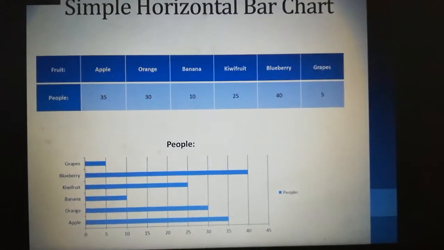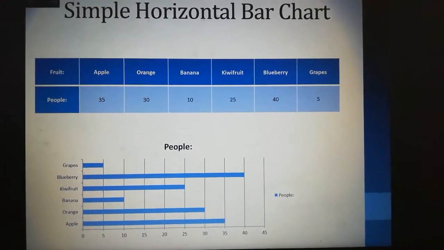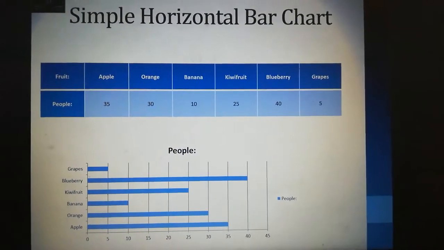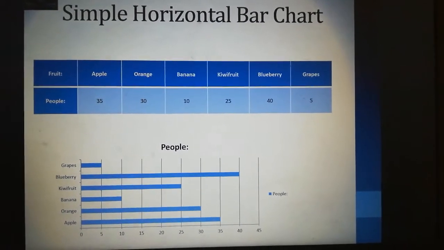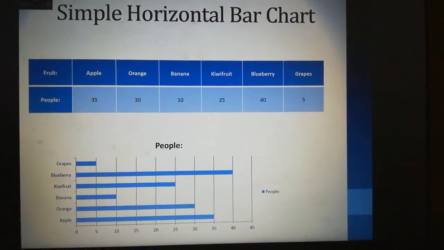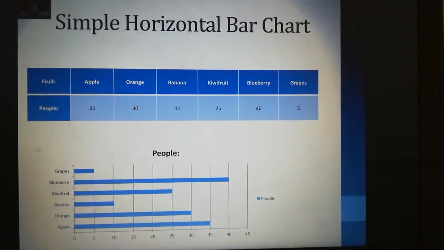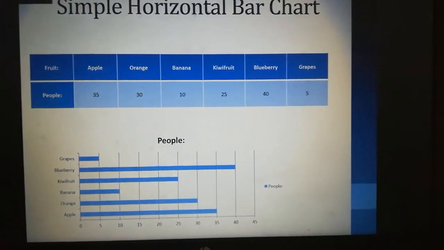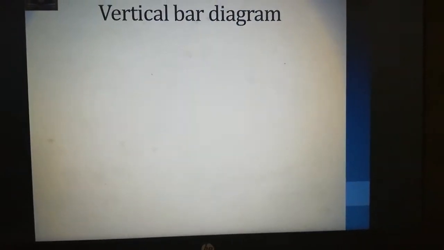So for apple, as per the table, 35 people consumed it. So we could see that 35. And the apex of the orange is 30. Similarly, banana is 10. Got it? So when the bar is represented in a horizontal way, it is known as a simple horizontal bar diagram.